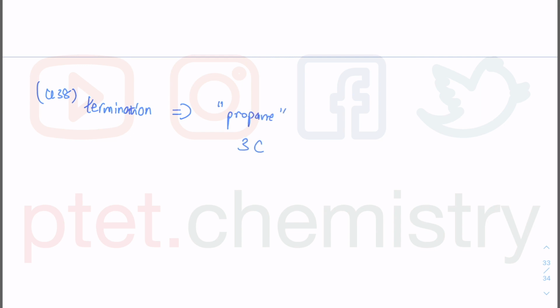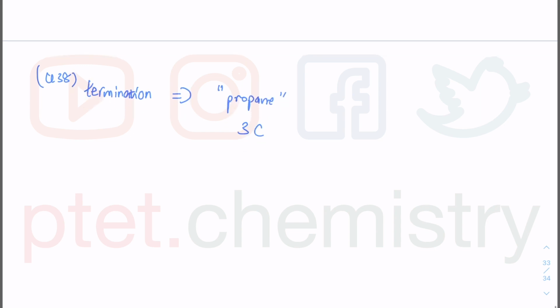Propane is 3 carbons. So you could imagine we could have 3 carbons like this, or you could have this, because the radical could be at the end there, or it could be in the middle, but it will be the exact same thing because it's symmetrical about the center. So you have these and these.